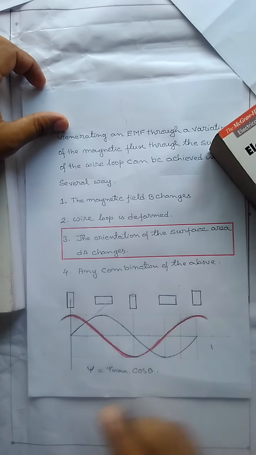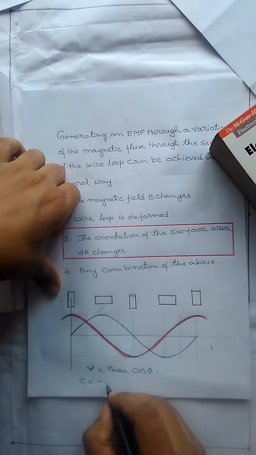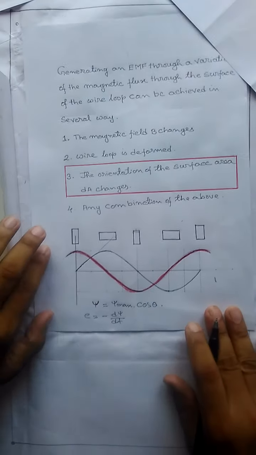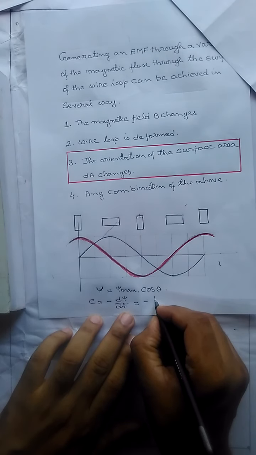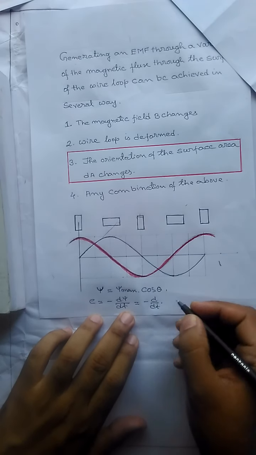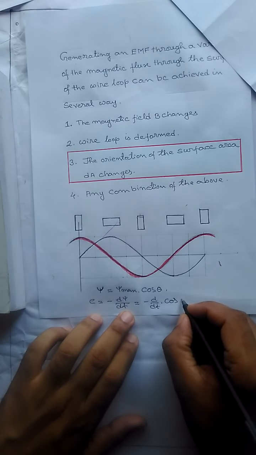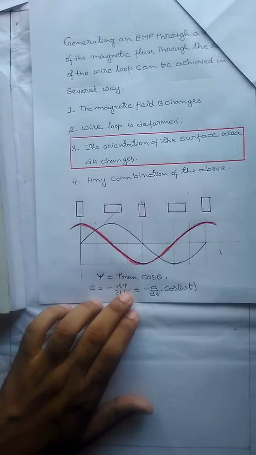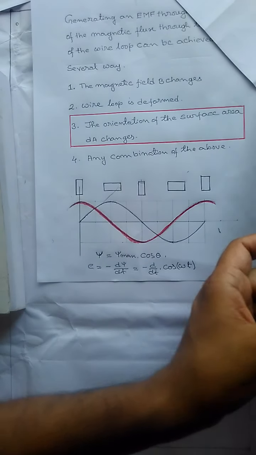Okay. Now what is the induced EMF E? E is equal to minus d psi by dt. Now what is d psi by dt here? It is minus d by dt of cos, where I can write theta as omega t. So what is the derivative of cos omega t?